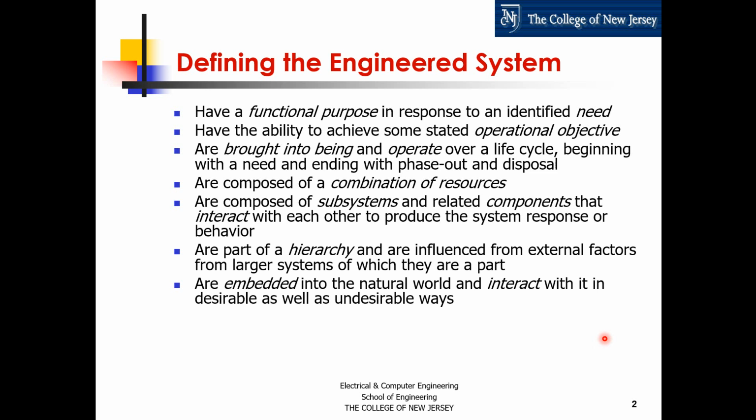They are composed of a combination of resources. They are composed of subsystems and related components that interact with each other to produce the system response or behavior. They are part of a hierarchy and are influenced by external factors, from larger systems of which they are part, and they are embedded into the natural world and interact with it in desirable as well as undesirable ways.